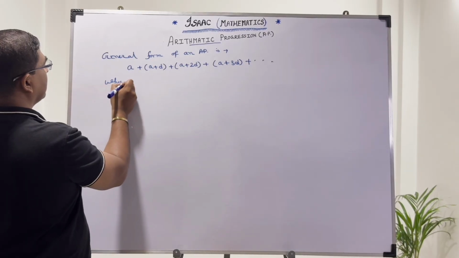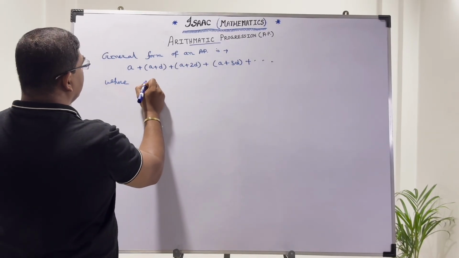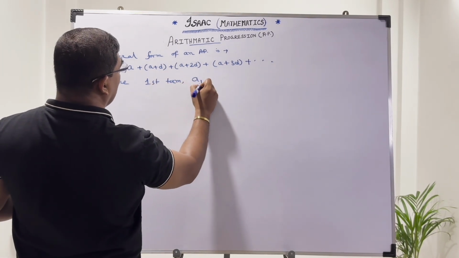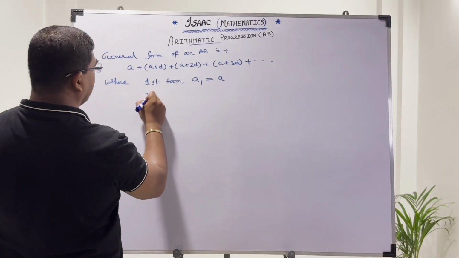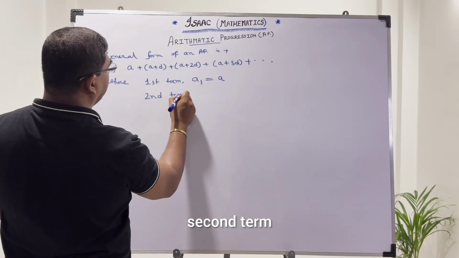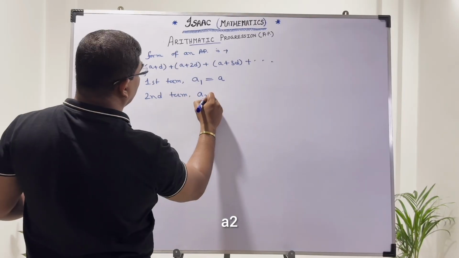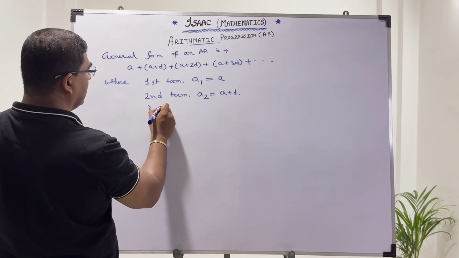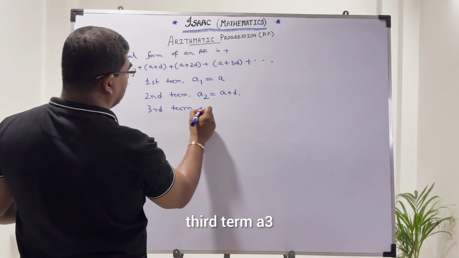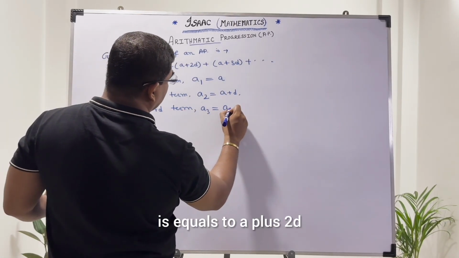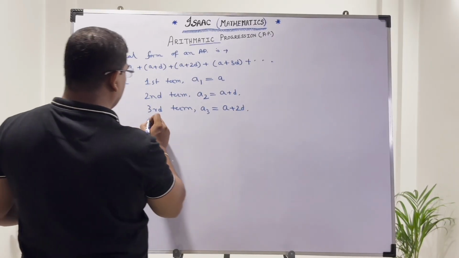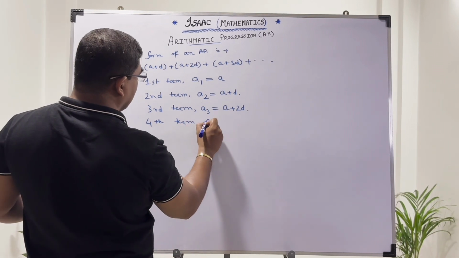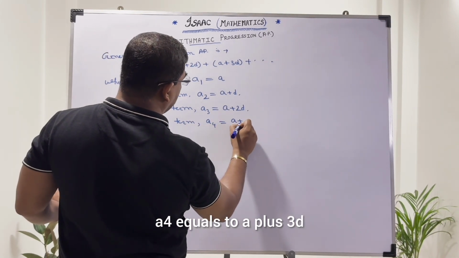Where first term a1 equals to a, second term a2 equals to a plus d, third term a3 is equals to a plus 2d, fourth term a4 equals to a plus 3d.